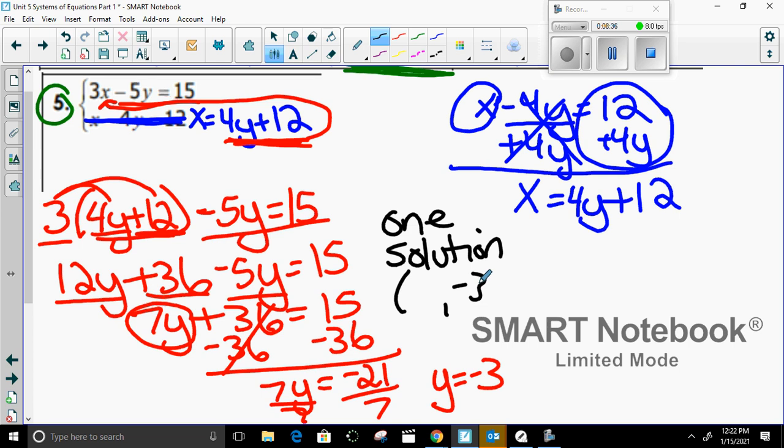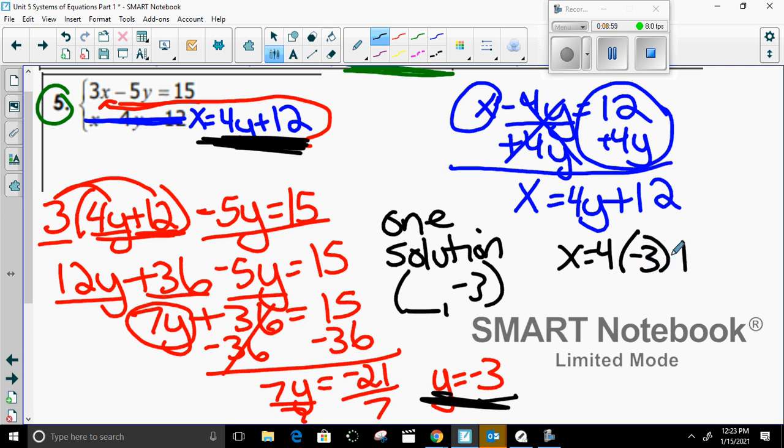You showed your work to solve for y. Now you need to find x and you need to show your work, not just get the answer from the calculator. So I take my y and I plug it back into the equation that I used for substitution. So this one right here. So x equals 4 times y. Well, y is now negative 3 plus 12. And I'm going to solve for x.